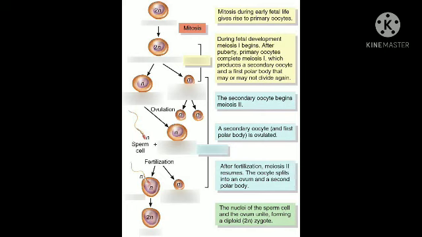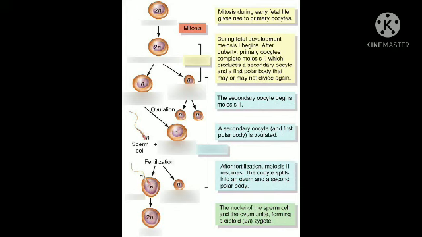As you know, the first polar body may or may not divide; it is not always necessary. The secondary oocyte undergoes meiosis 2 only when it receives the sperm. After fertilization, meiosis 2 resumes and the oocyte splits into an ovum and a secondary polar body. So in this way, 3 polar bodies or 1 polar body can be produced.